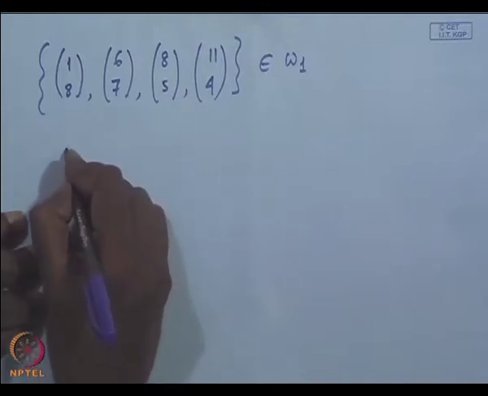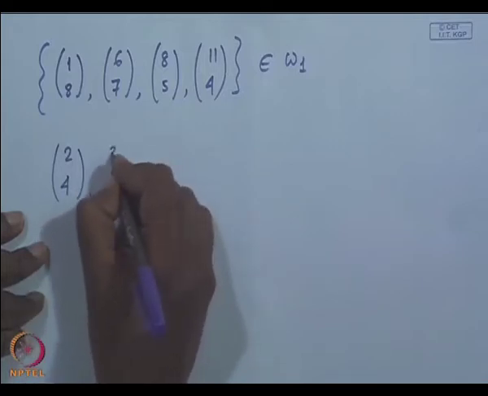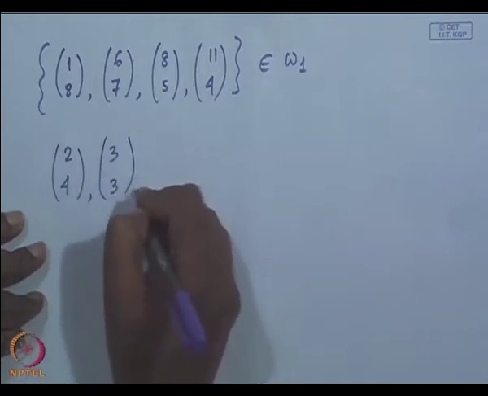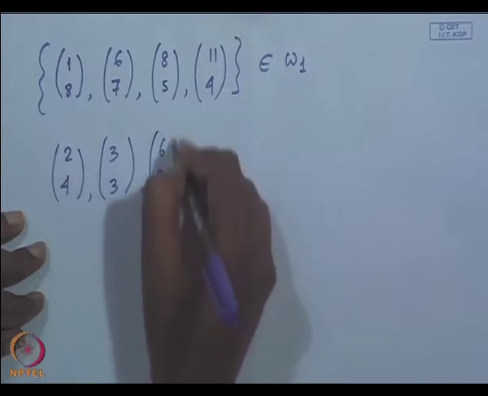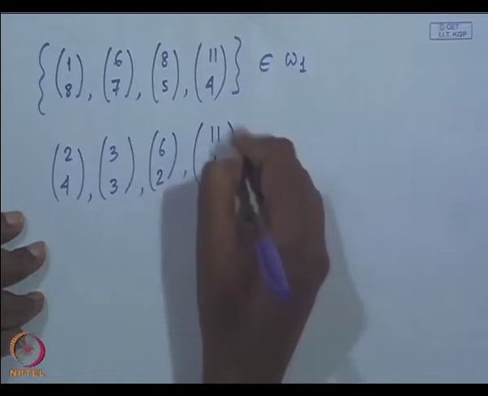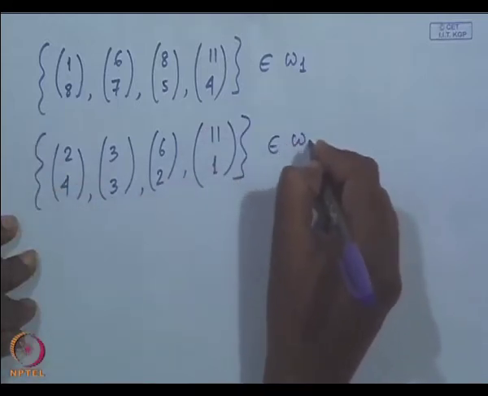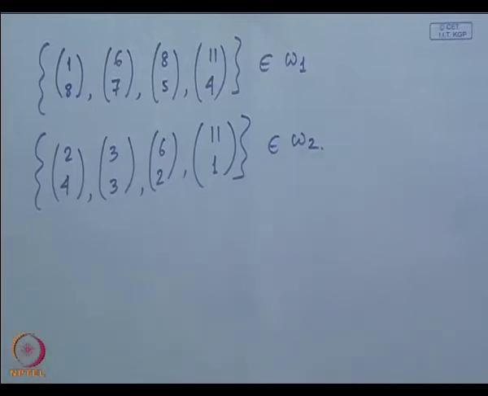And I have another set of feature vectors, say 2, 4, maybe say 3, 3, maybe 6, 2, and suppose 11, 1. These are the feature vectors which are taken from class omega 2. So, I have these 2 sets of feature vectors which are my training vectors to train the classifier. So, it is a supervised learning.